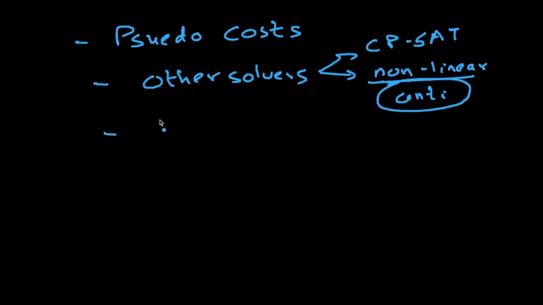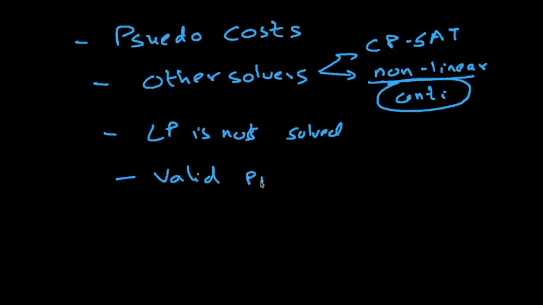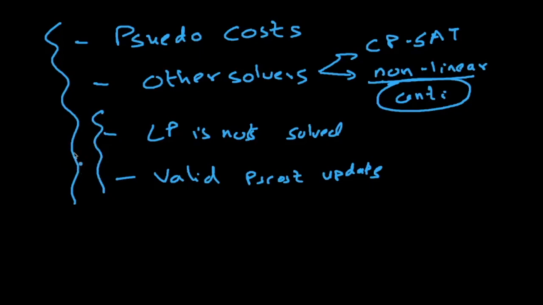A couple of other things we learned were: what do we do when the LP is not solved, right? How do we maintain the pseudo cost updates, and what is a valid pseudo cost update? These are the tiny little things that make the overall code super complex to read, and especially these two things are definitely not taught in any classrooms, or any places where I've learned pseudo cost.